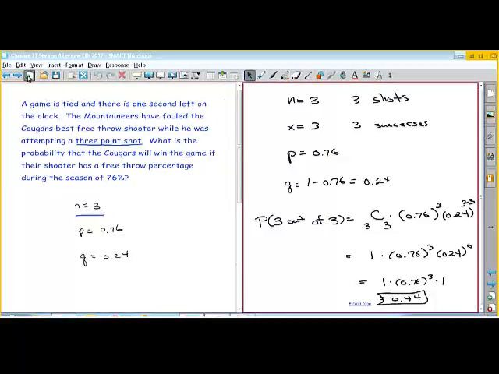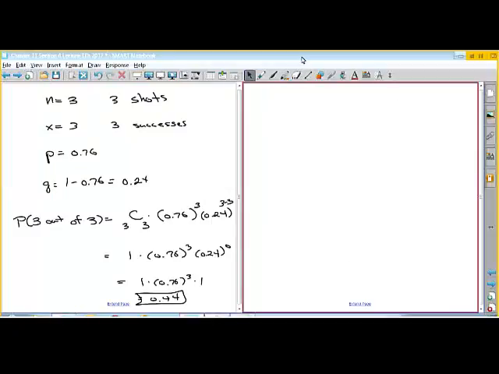So I'm going to let you do one more. I'm going to give you a similar problem because I usually put something like this on the test. So let's make sure you know what you're doing. So let's say we have Shaq. His free throw percentage is 0.40 or 40%.